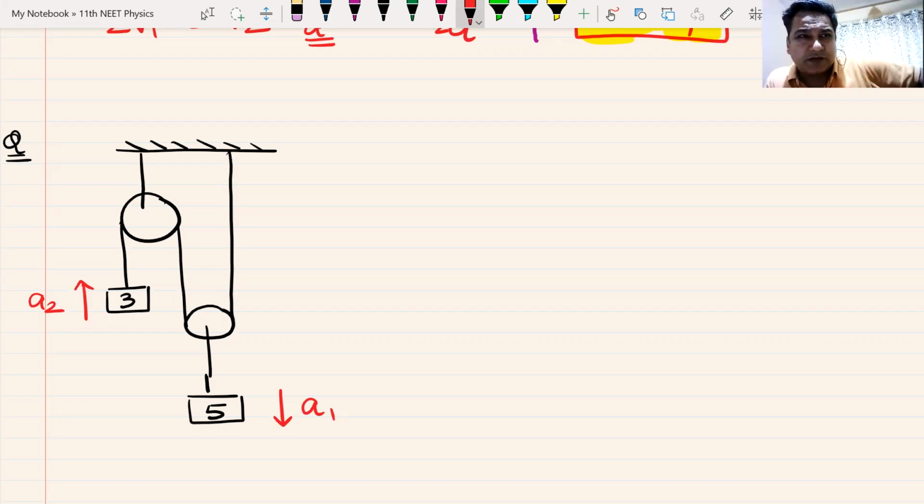Did you get the ratio between a1 and a2? Abhiram, Niharika, did you get the ratio between a1 and a2? Two times x1 is equal to x2.